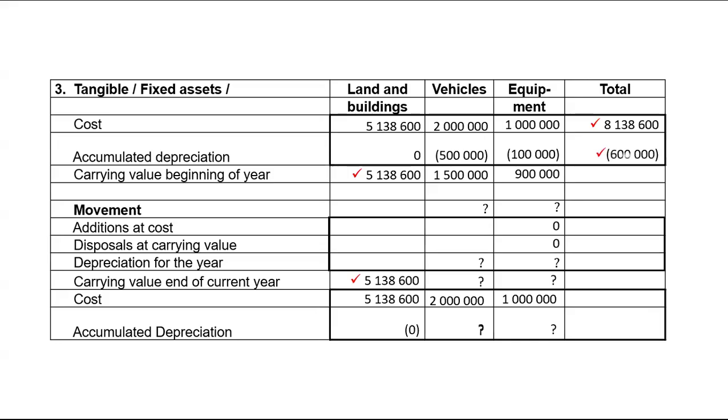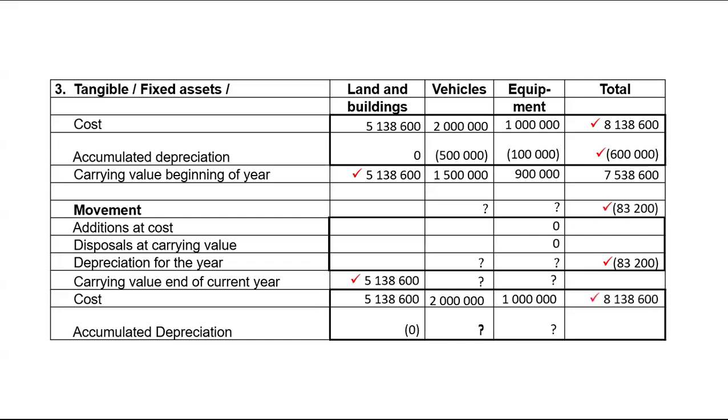Less accumulated depreciation of 600,000. Carrying value at the beginning of the year will be 7,538,600. Depreciation will be 83,200, and you leave it there. They said nothing about the asset being sold or purchased, so I'm just going to finish this off. The movement will be 83,200.